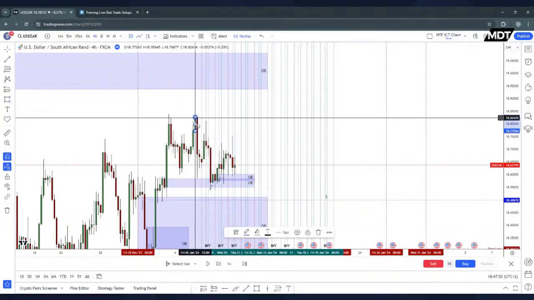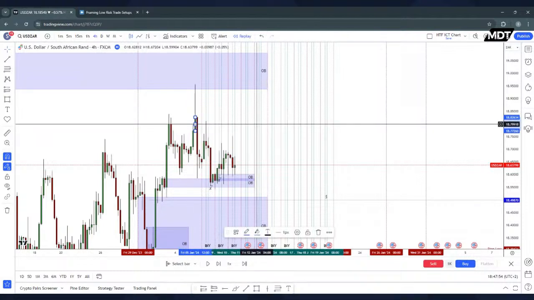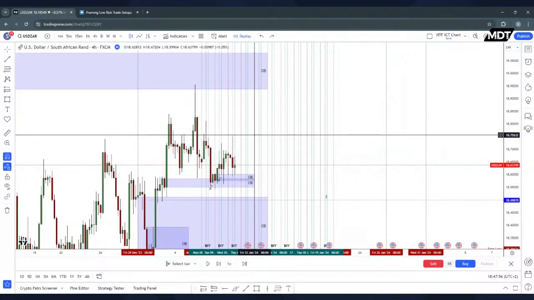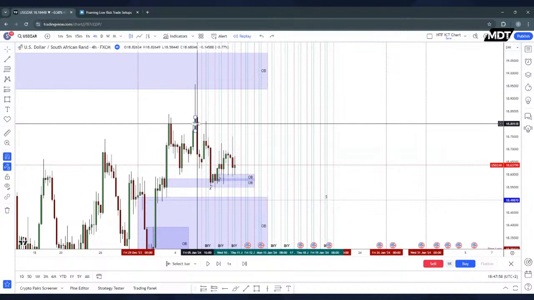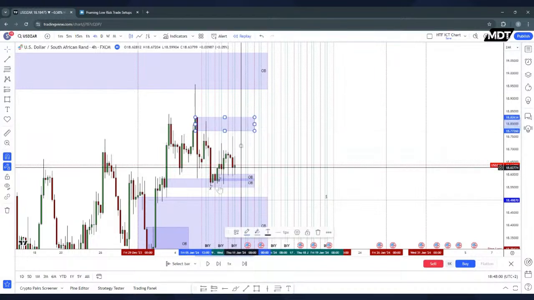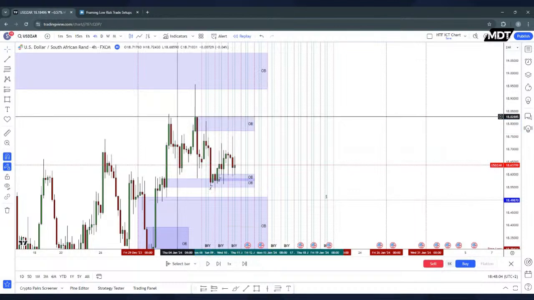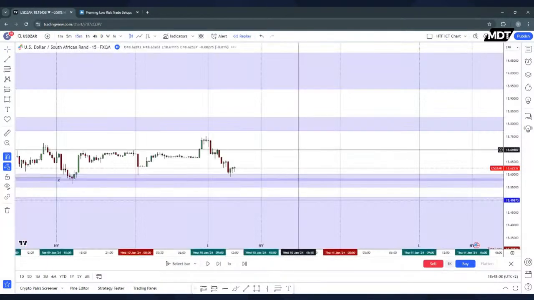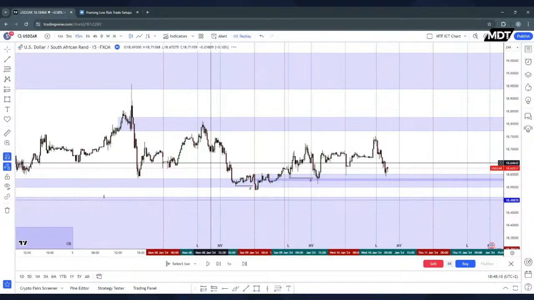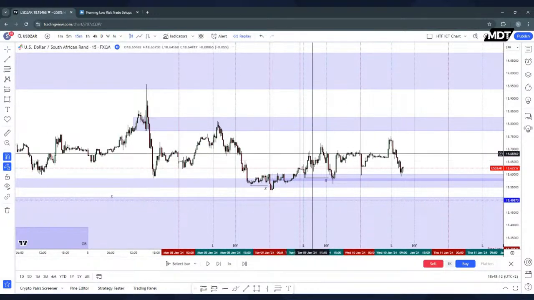Something I actually missed was this order block here. We actually did have a run into it. See if there was a trade setup because it looked like a very decent position.